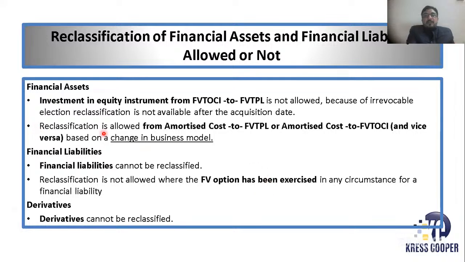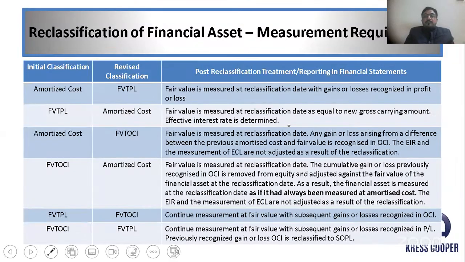So this is the only reason when we can say it will be reclassified, and upon reclassification, the difference will be treated as follows. When we are going from amortized cost to fair value through profit and loss, the fair value is measured at the reclassification date with gain or loss recognized in profit and loss. When we are going from profit and loss to amortized cost, the fair value at the reclassification date becomes the new gross carrying amount, and the effective interest rate would be worked out.